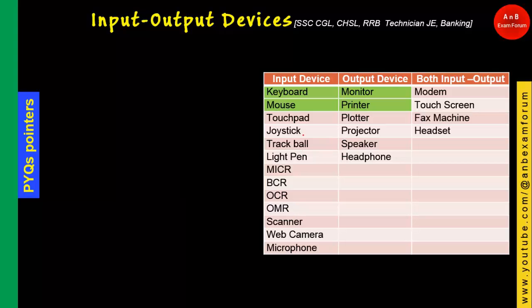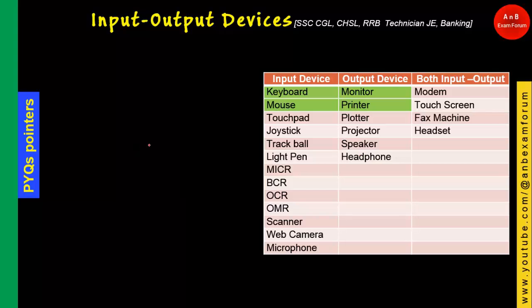For the time being, just have a look at all these input and output devices. If you know them, well and good. If you don't, just remember which are the input devices and which are the output devices. The details of each device we will cover in a few minutes.